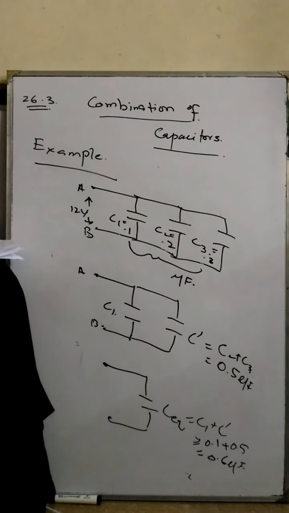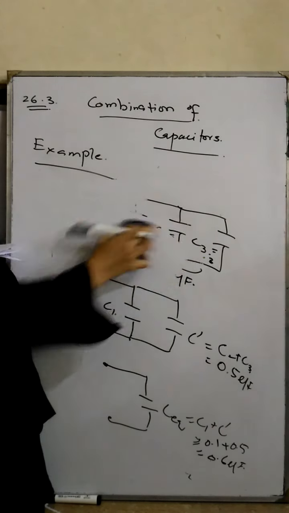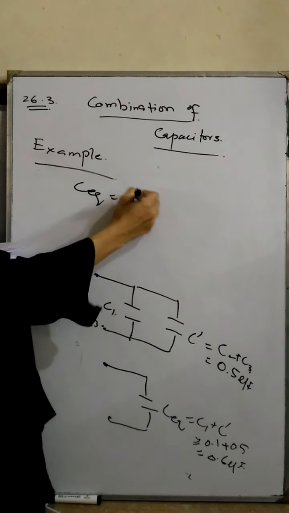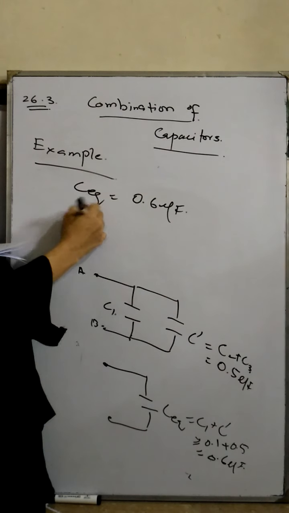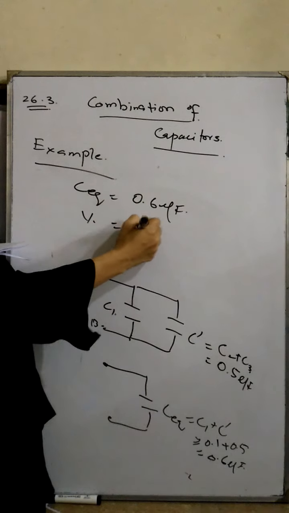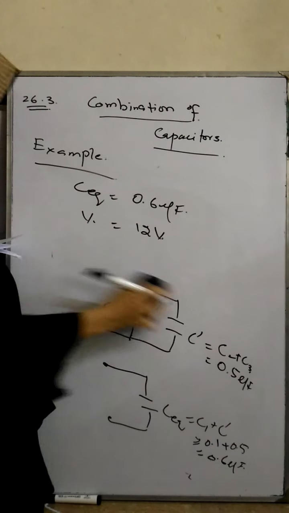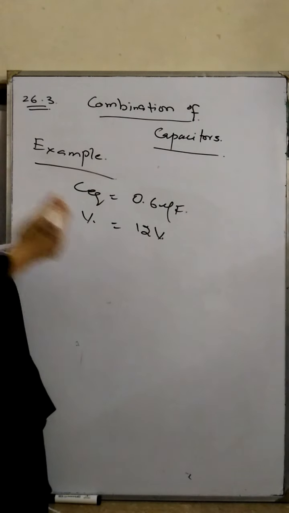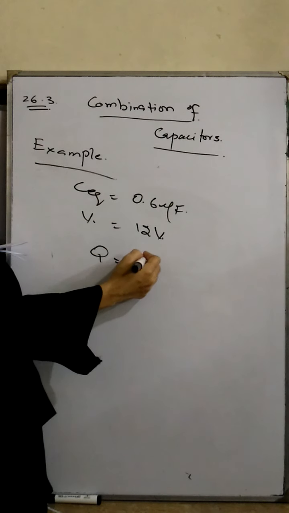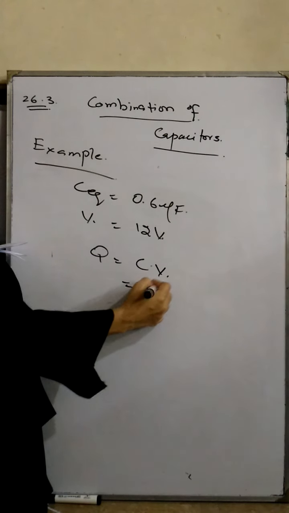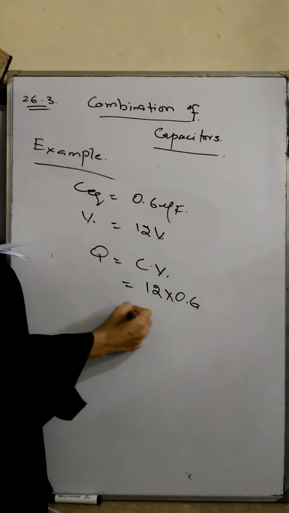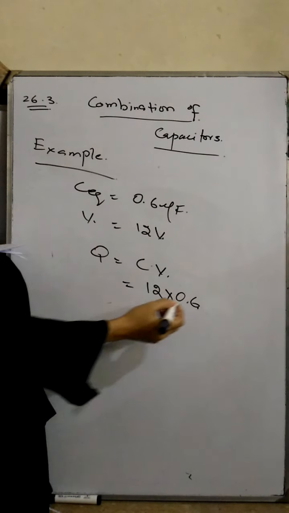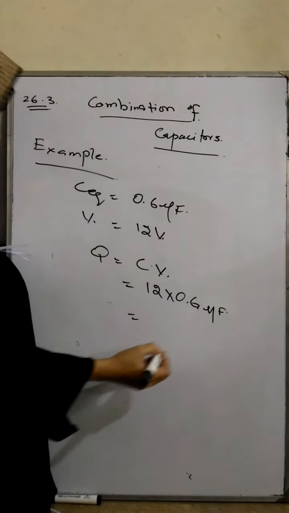So the equivalent capacitance of this circuit is 0.6 microfarads. Total voltage is 12 volts. So now I can easily calculate the total charge. So the total charge will be CV, which is equal to 12 into 0.6, which is equal to, now one thing, this is not only 0.6, this is 0.6 microfarads.